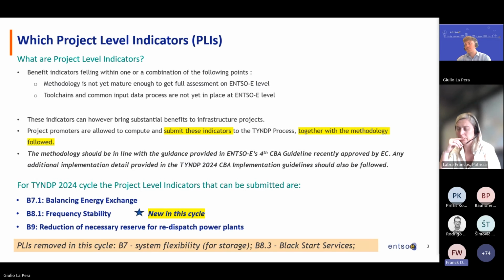But of course, always trying to keep consistency with the substantial information provided by ENTSO-E in these methodologies, because market modeling information and similar information are required for the assessment. So there needs to be some consistency in that regard, and always a thorough description of what was used and why it was used in the document supporting the values provided by the promoter.